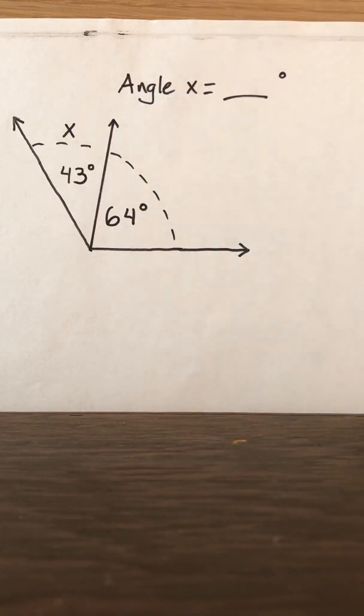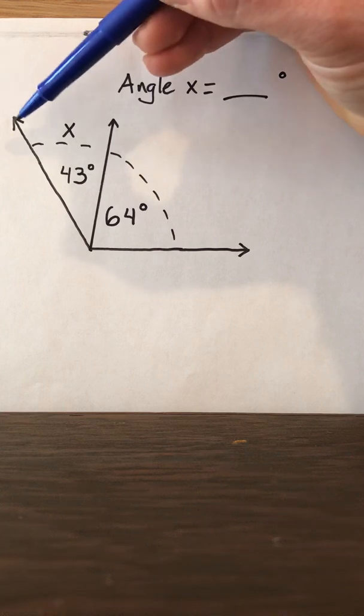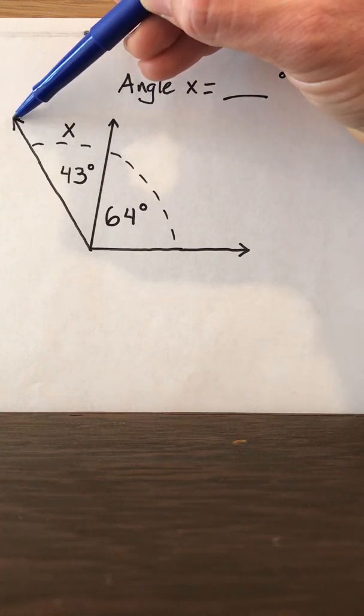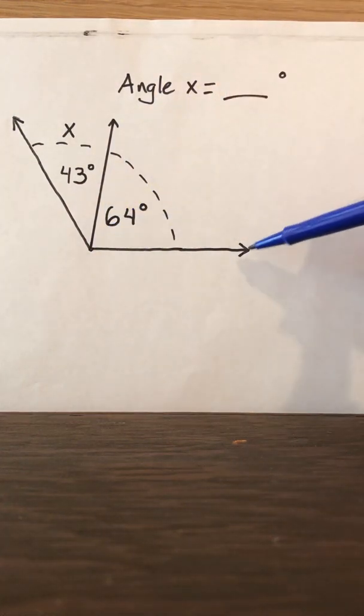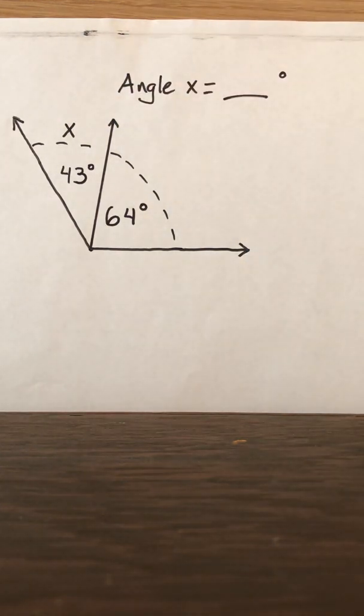And what we are going to try to do today, since we know the measure of the two smaller angles, is figure out how to find the measure for x. And what x is saying is how big is the angle from here to our vertex out to the end. So it's the entire thing, all right? There's actually a pretty simple way to go about doing this, and that is just adding up the measure of the inside angles.